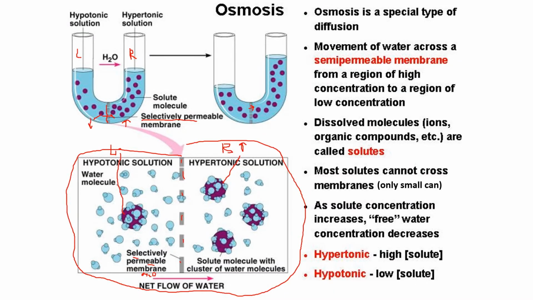When we magnify this, on the left we have only one, and on the right we have three, so higher concentration. So this solution on the right will be hypertonic. Hyper means high concentration of this red solute. On the left, we have hypotonic, low concentration of this red.